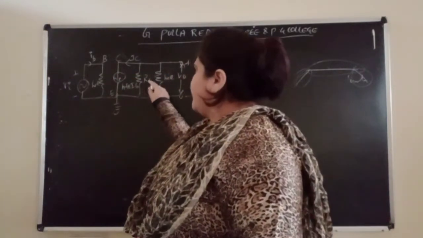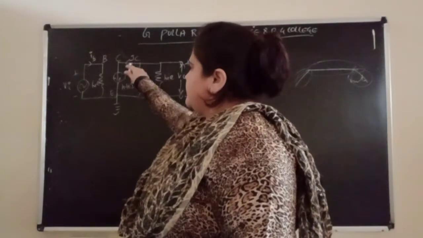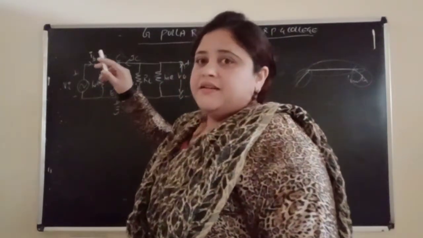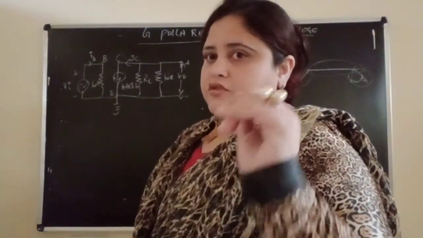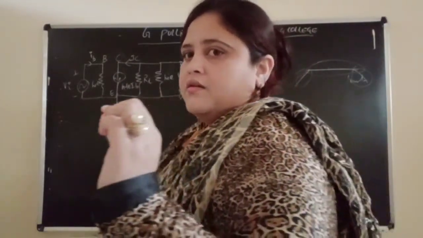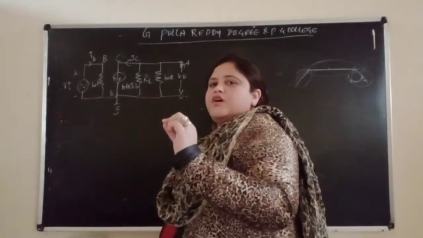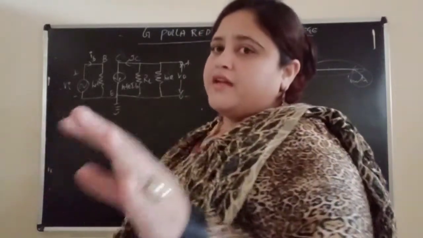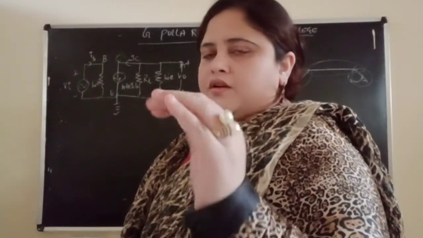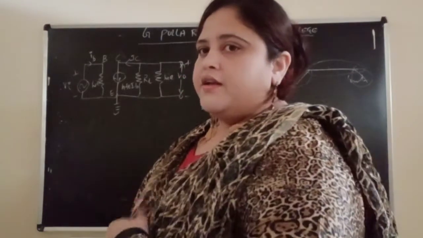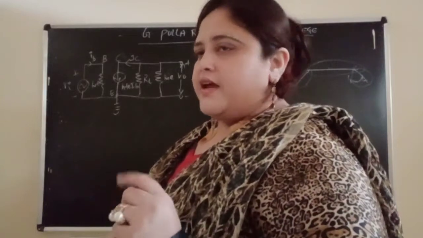Then you should draw RL and hie. In the RC coupled amplifier you have a transistor, so we should draw the hybrid equivalent circuit. Then only can we solve the equation for voltage gain in mid frequency, low frequency and high frequency.